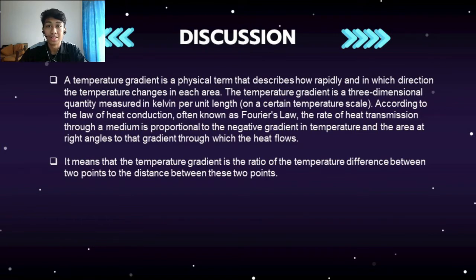According to the law of heat conduction, often known as Fourier's law, the rate of heat transmission through a medium is proportional to the negative gradient in temperature and the area at right angles to that gradient through which the heat flows. It means that temperature gradient is the ratio of the temperature difference between 2 points to the distance between these 2 points.